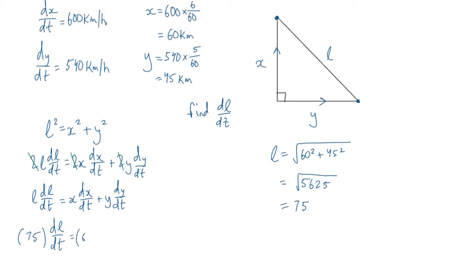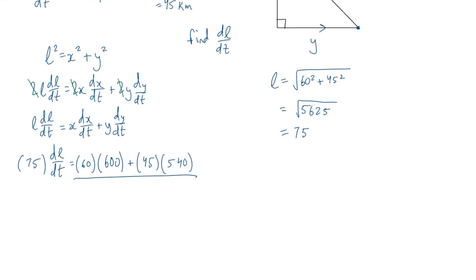X is 60. dx by dt is 600. Y is 45. dy by dt is 540. So I'm obviously going to simplify through there and then divide by 75, which is 60,300 divided by 75, which again happens to have an exact value of 804.